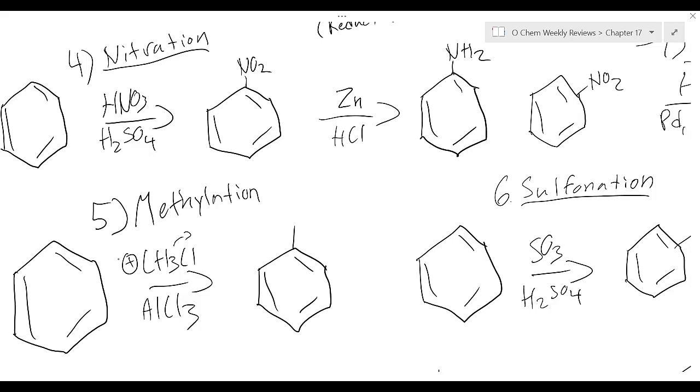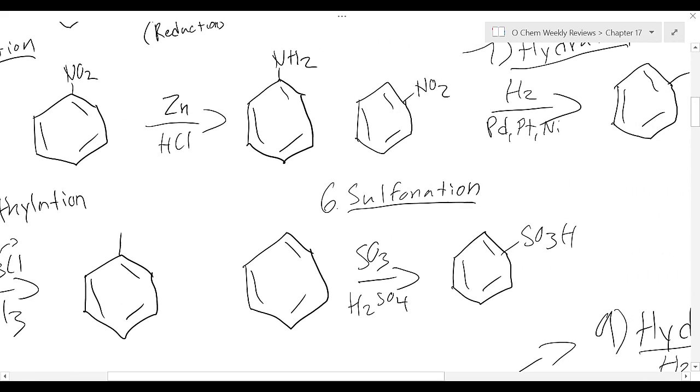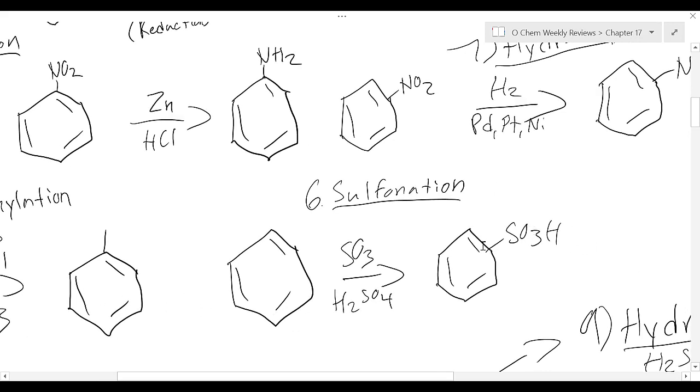Yeah, methyl is not the most stable position, but it does not have a choice in this matter. And again, anytime we have a chlorine group, we have AlCl3, so we have a methyl. Sulfonation is adding an SO3H group, and we do this using SO3 and H2SO4. So that's reaction number 6.